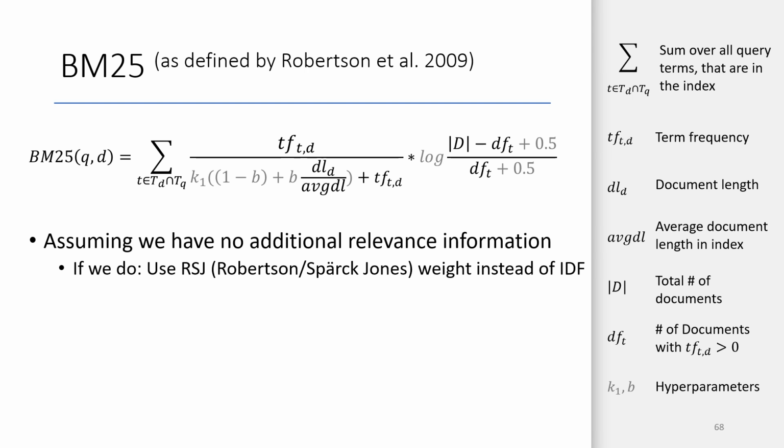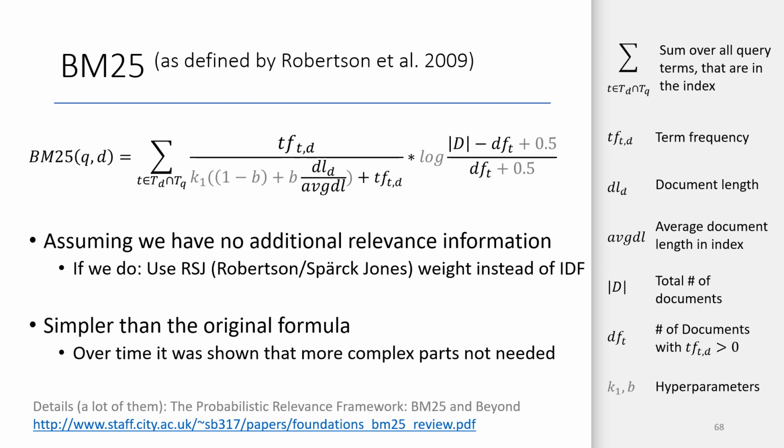If we do, a lot of different modules have been proposed to put into this basic formula right here. It's also simpler than the original formula from 1994, because over time it was shown that more complex parts concerned with query length, etc., are not needed in empirical studies.